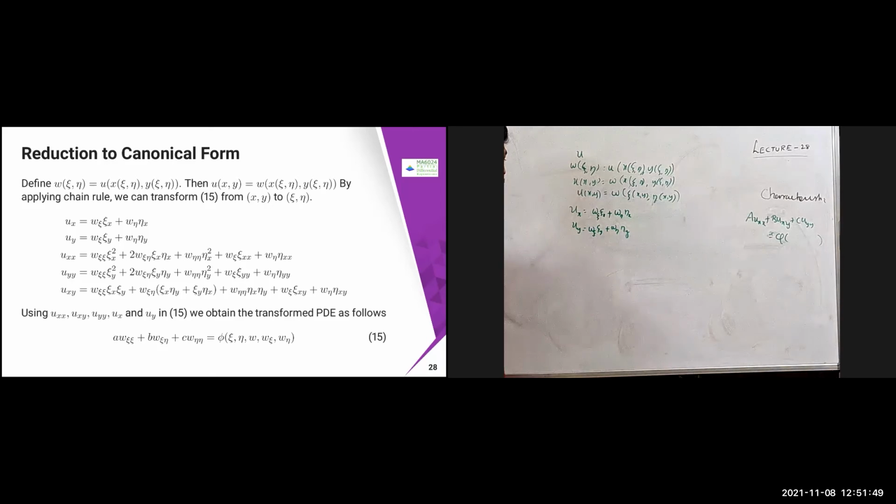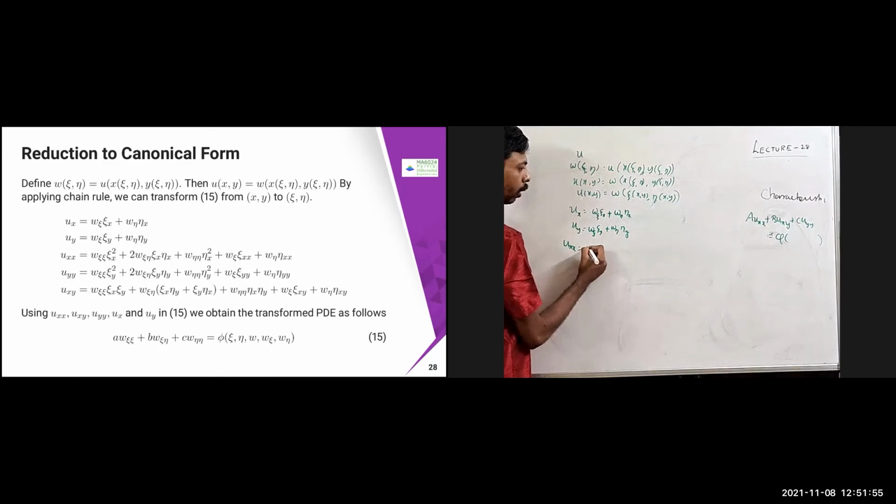Now if you want to find u_xx, you have to differentiate this. This is going to become w_chi, and chi_x is a function of x, so I differentiate it with respect to x. Applying the product rule, chi_x is already there, so chi_x squared is going to come.